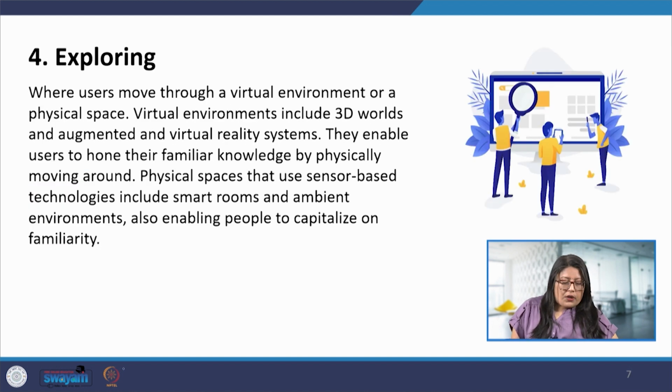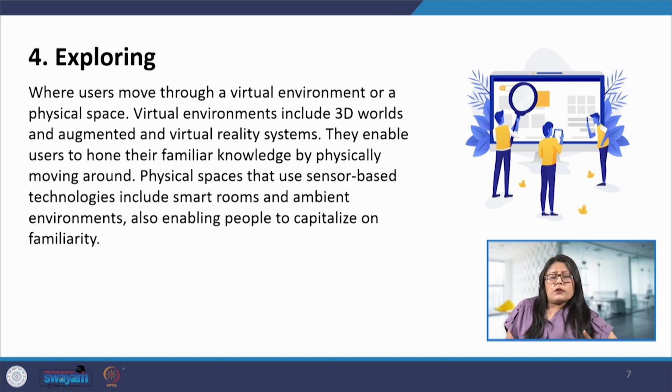Another is exploring, where the users are moving through a virtual environment, or maybe a physical space. Virtual environments include 3D worlds, augmented and virtual reality, which are really being used in a lot of different ways to help the user get the feel of the space.